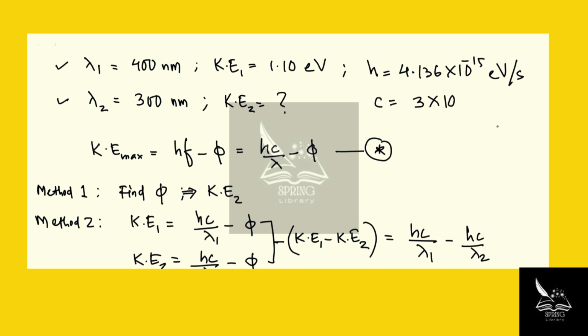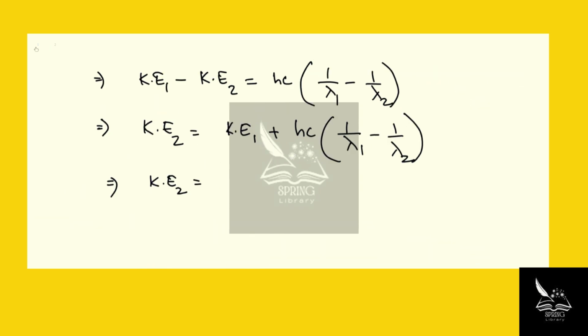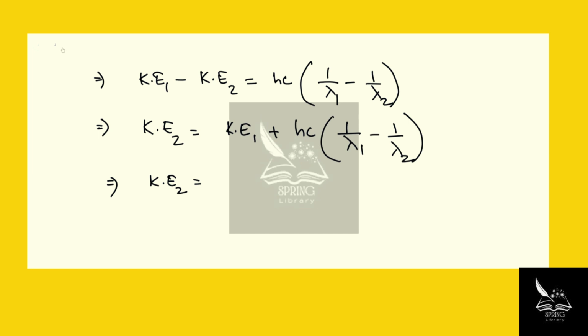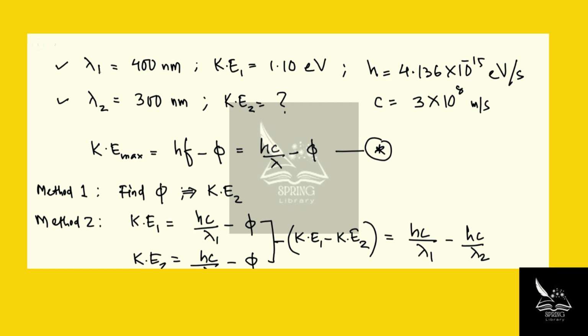We will convert them into meters. Now we can substitute all these variables over here, and make sure you convert lambda 1 and lambda 2 into meters. They should not be in nanometers, they should be converted into meters. So you need to multiply a factor of 10 to the power minus 9 to each of these two wavelengths.